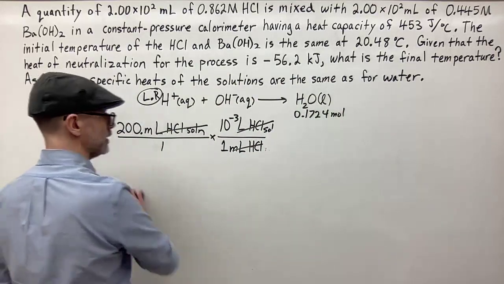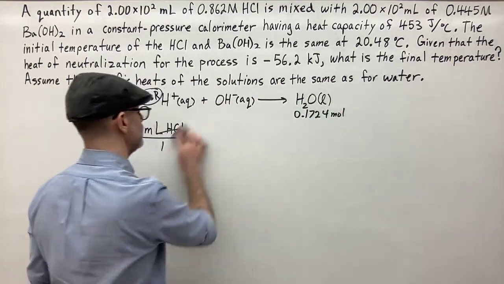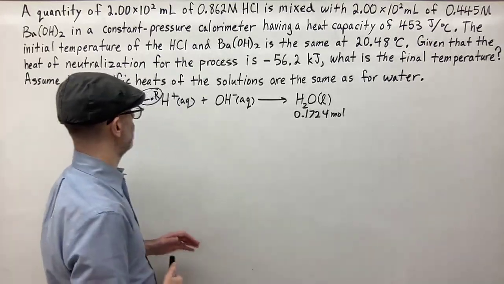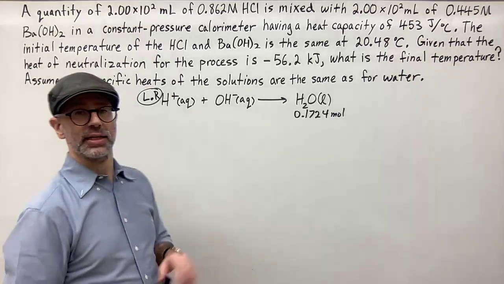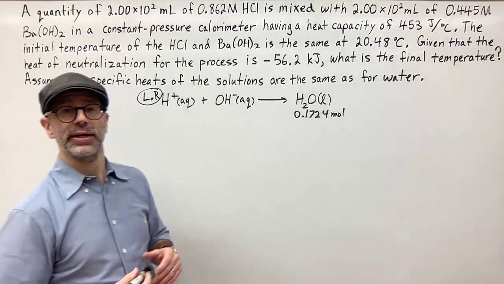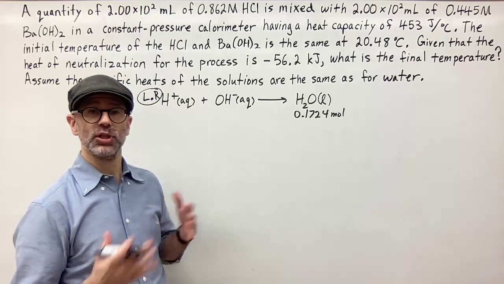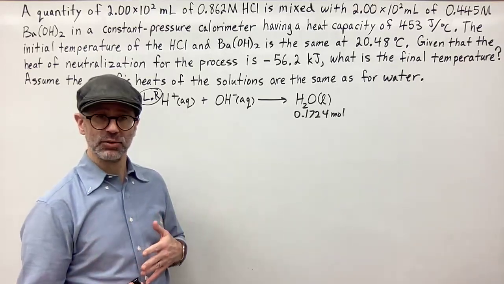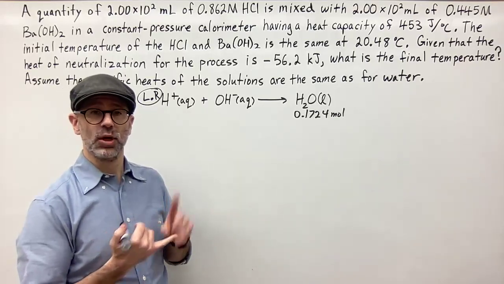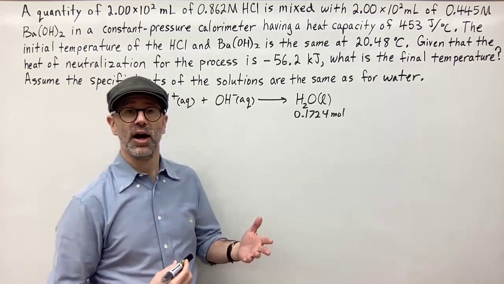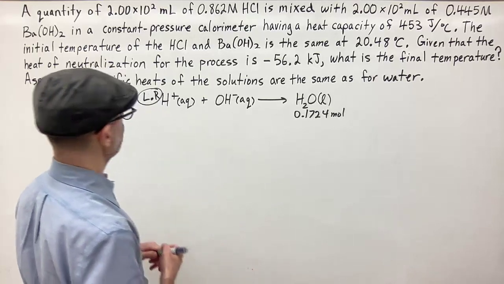So I'm just erasing this to give myself some space. Okay, now that we know what the limiting reagent is, the next thing we need to do is figure out what's happening, what's being reacted with, what's absorbing the energy, what's losing the energy. So we have a reaction.